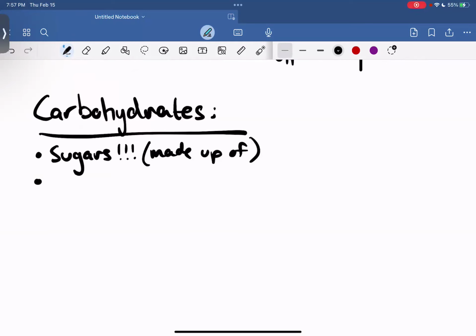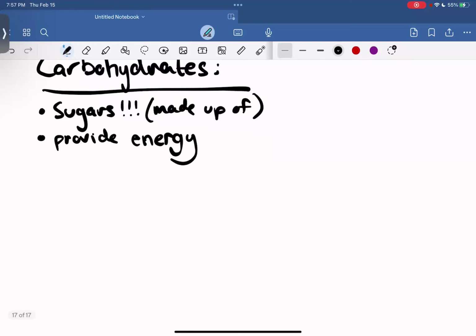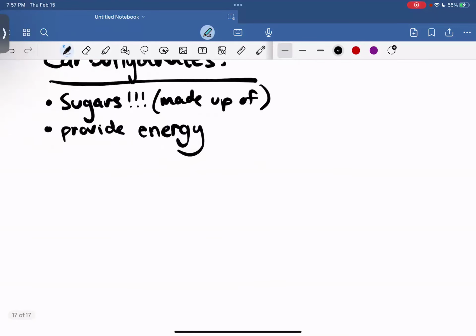Made up of sugars, that they provide energy. Okay. And the types we have, and I apologize for spelling, monosaccharides.